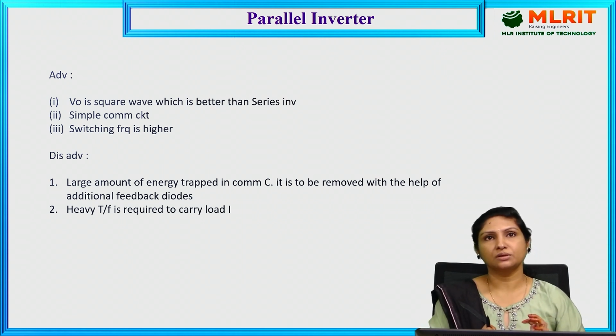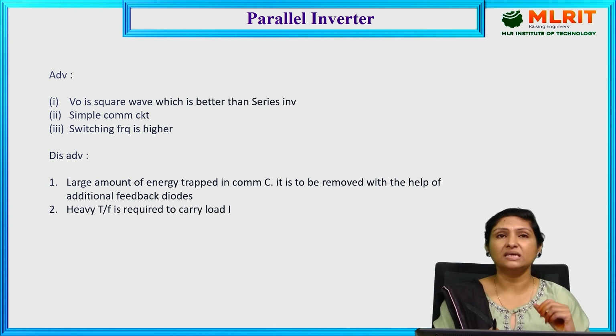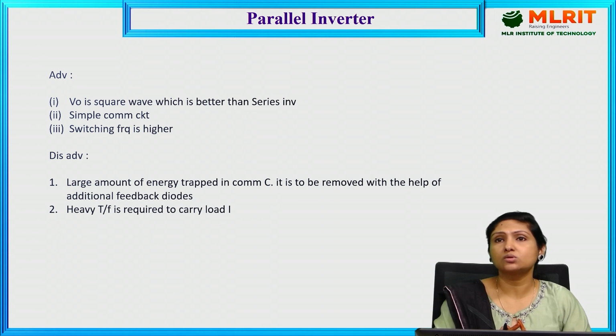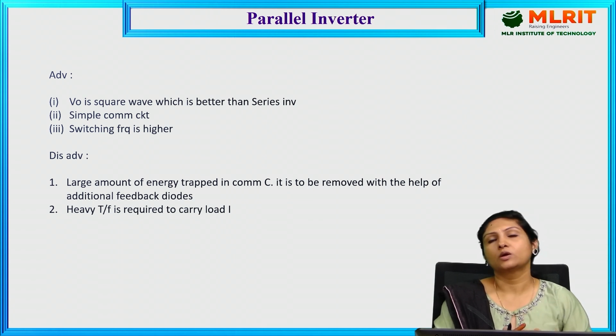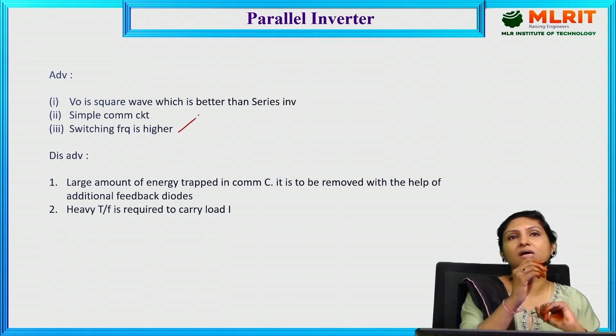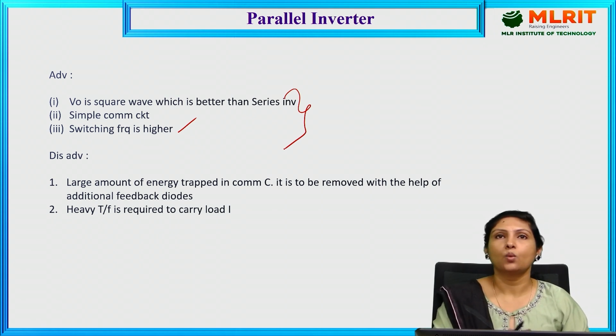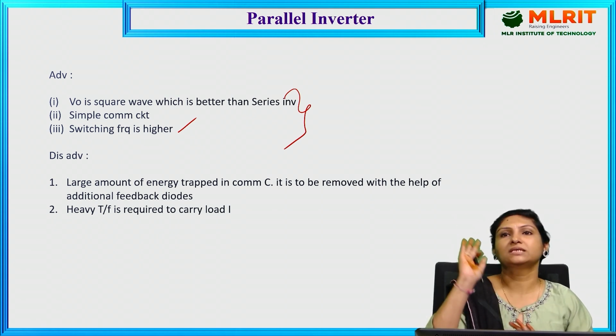The thyristors are easily turned off, and the switching frequency is also high when compared to that of a series inverter. There, the frequency depends upon the commutating components like resistor, inductor as well as capacitor, whereas here the switching frequency is higher. So these are the advantages of the parallel inverter over the series inverter.